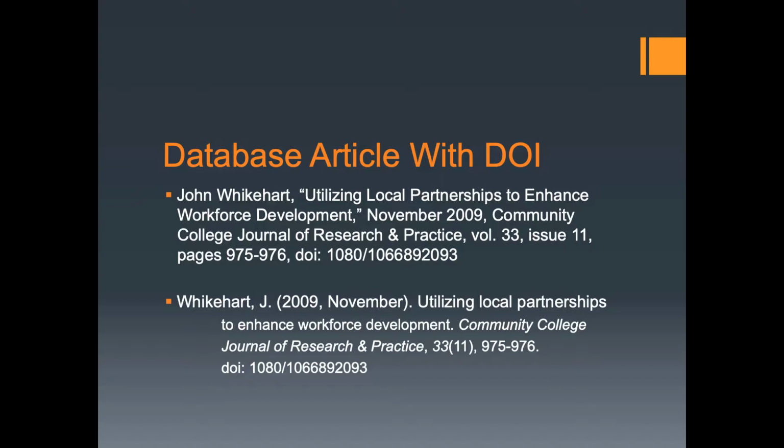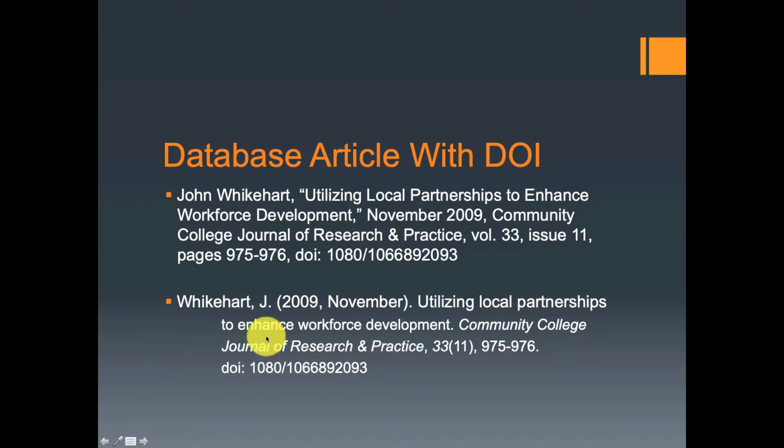Now we have the what, and the what is the title. Titles are written like sentences. The U is capitalized. Everything else is written small. Period. Now the next section is where. So we have to say where it came from. And in this case, it comes from a journal. Journals are written in italics, and they're all capital letters, except for the minor words.